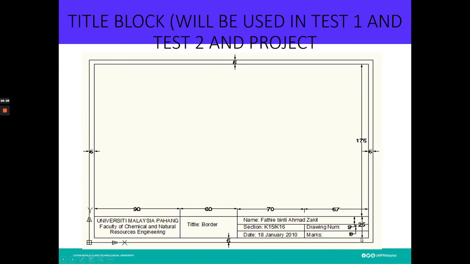Now we want 25, aligned to 25 for this one. In between will be 9, 8, and the rest is 25 minus 17, so that will be another 8. So 8, 8, 9.